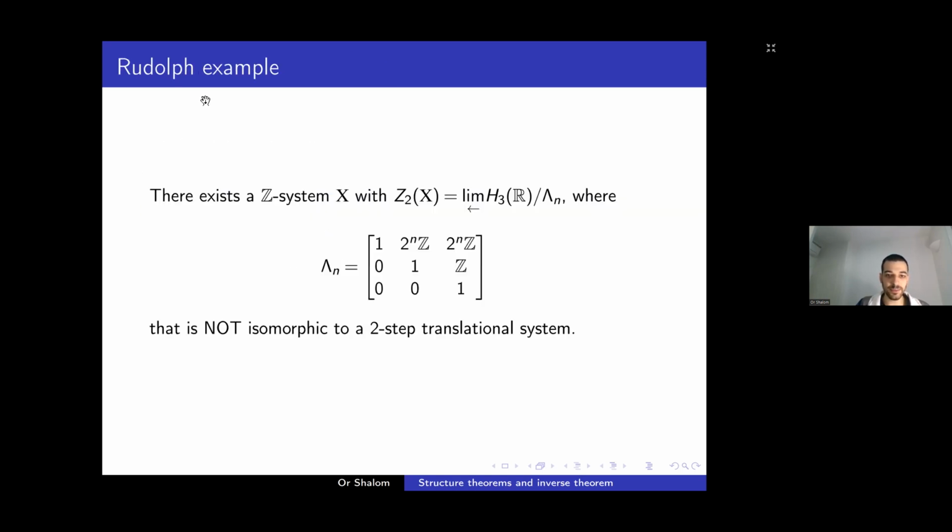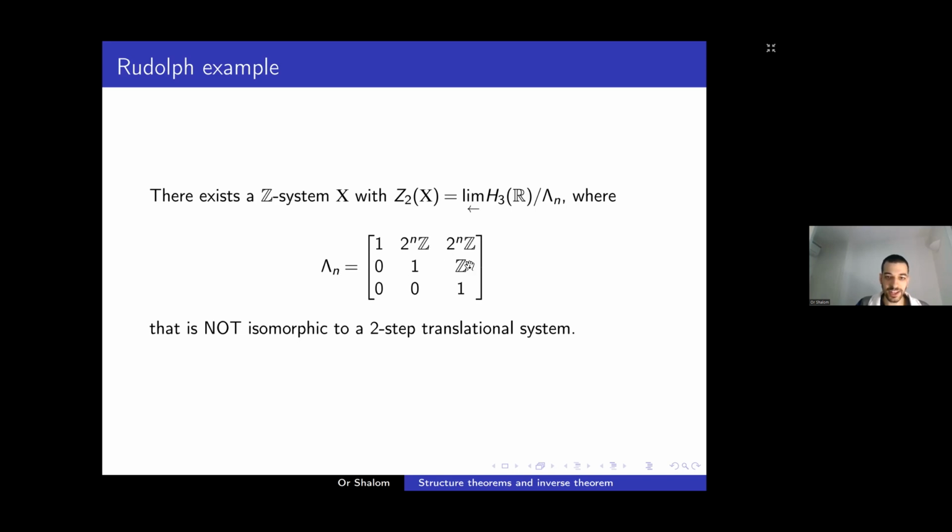There is an example of Rudolph, even in the case of Z systems. In Z systems, we know that those factors are inverse limits of nil systems. And Rudolph constructed an inverse limit of Heisenberg systems. You take the Heisenberg system, always the same action, but you quotient by different groups.